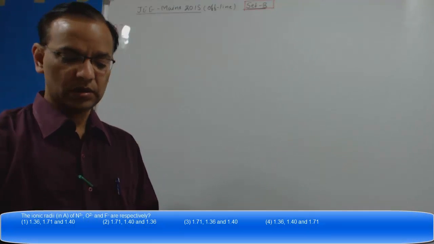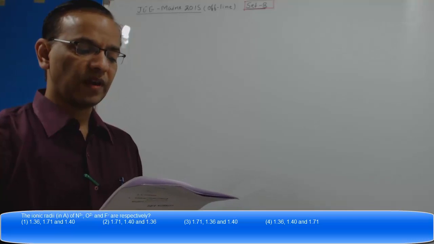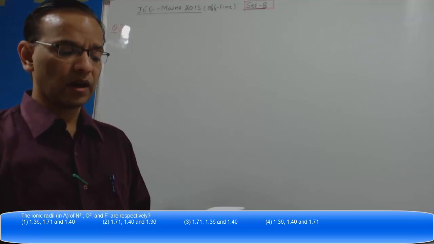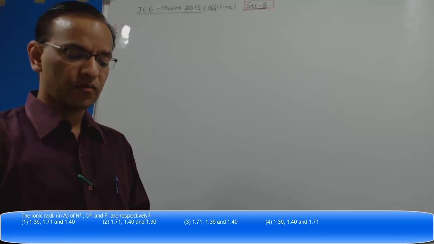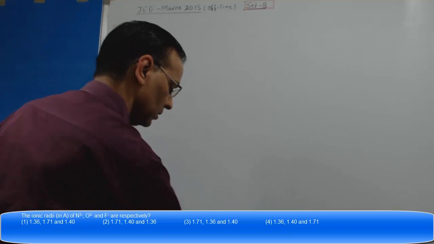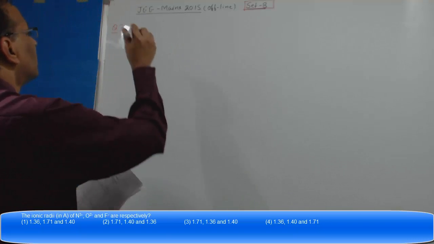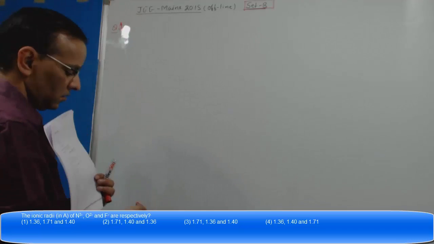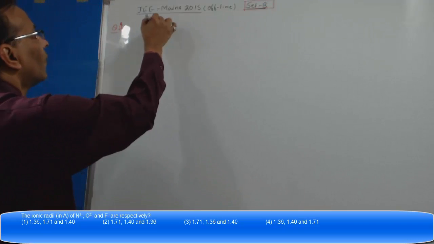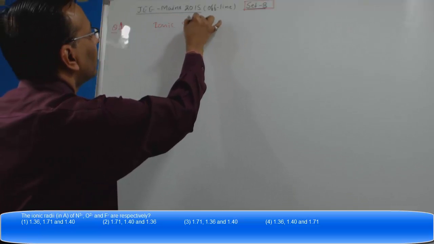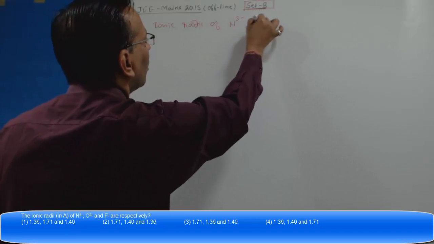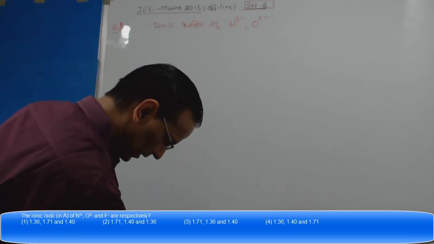In question number 4, the question is on a periodic property. The ionic radii of N3-, O2- and F-.